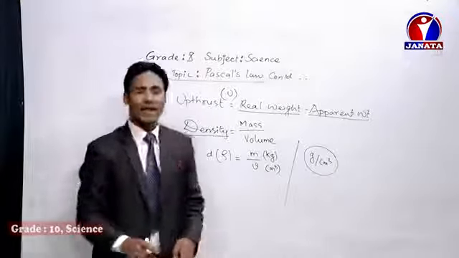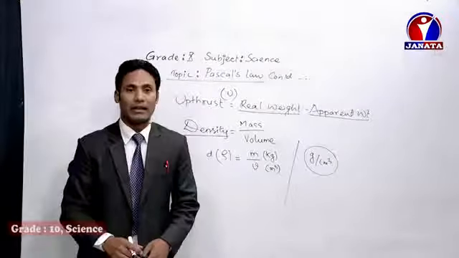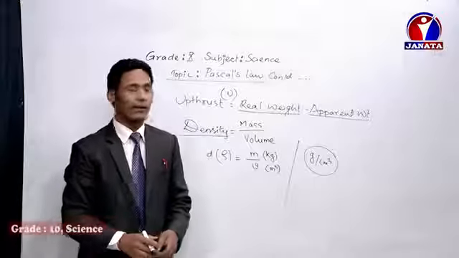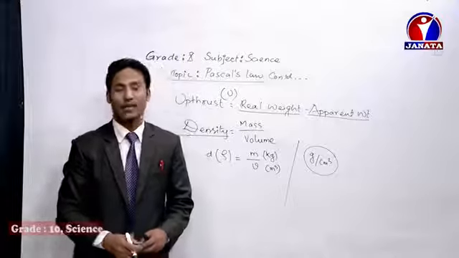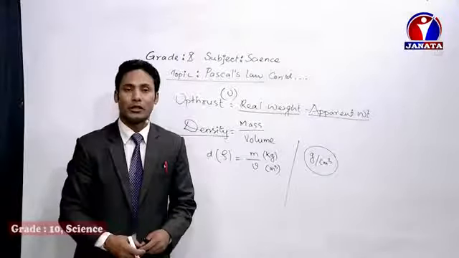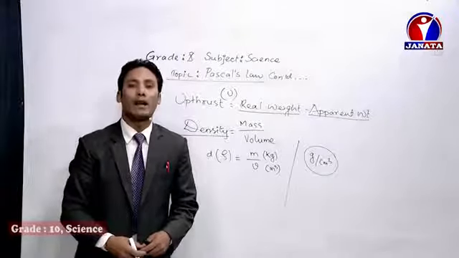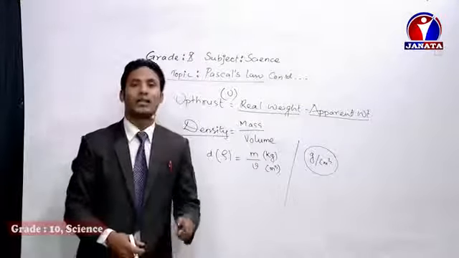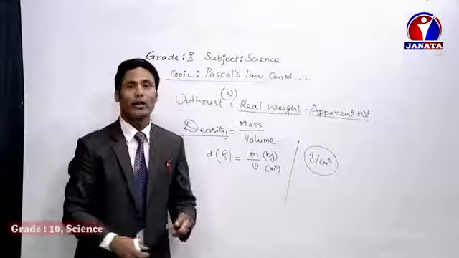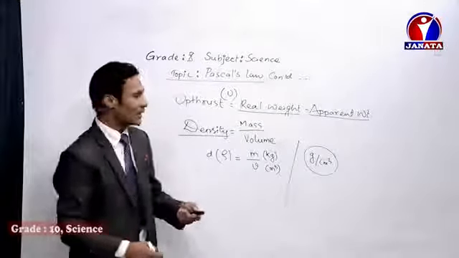Some of the standard densities are listed on the screen. You can see over there. The standard density of water is 1000 kg per meter cube or 1 gram per centimeter cube. Similarly, you can see the different densities.